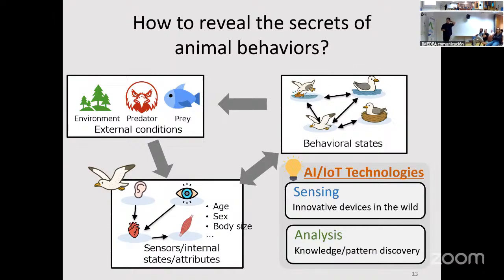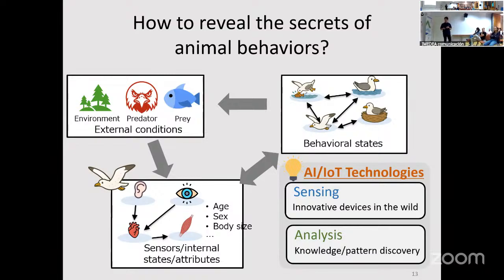So we believe that various internal or external factors affect their behaviors. And so I believe that for information scientists, AI or sensing technologies for sensing their behaviors, as well as internal or external factors in the wild, as well as analysis methods to uncover the relationship between them.